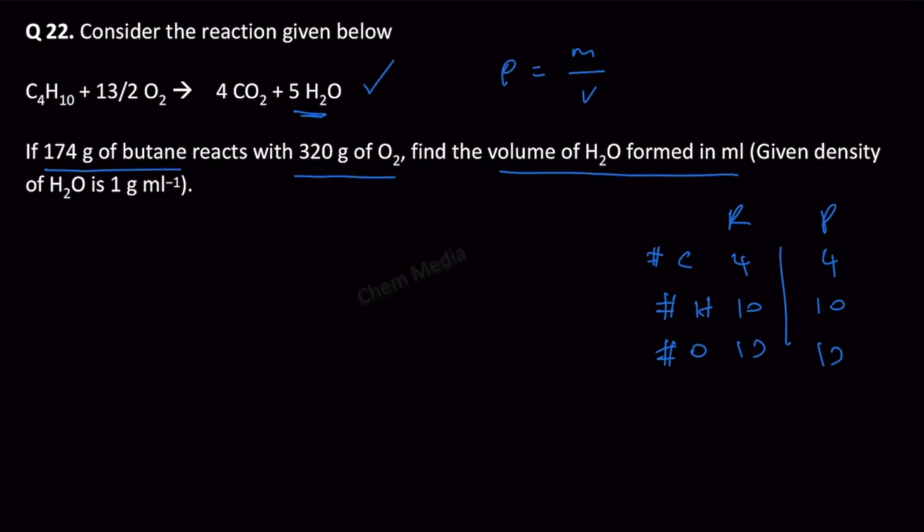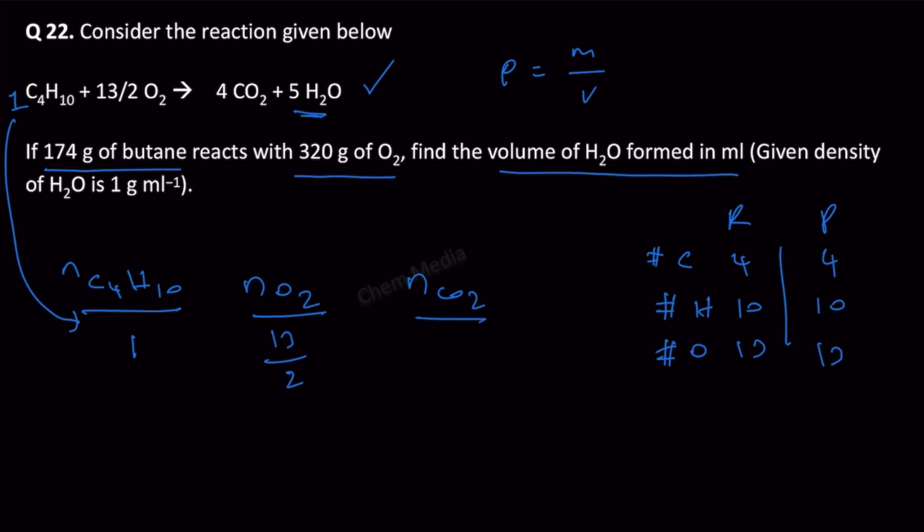Now let us write the stoichiometric moles. How do we write stoichiometric moles? Number of moles of butane divided by 1. Whatever is the stoichiometric coefficient, we just bring it down, and then number of moles of O2 divided by 13 by 2, and then number of moles of CO2 divided by 4, and number of moles of water divided by 5.